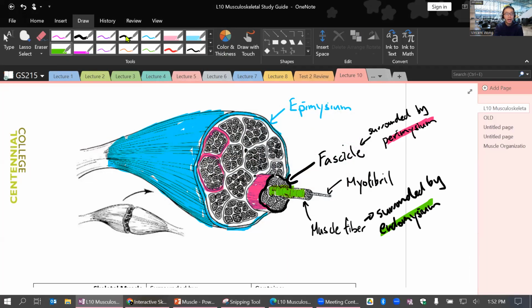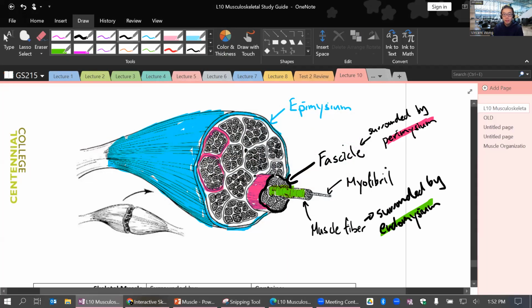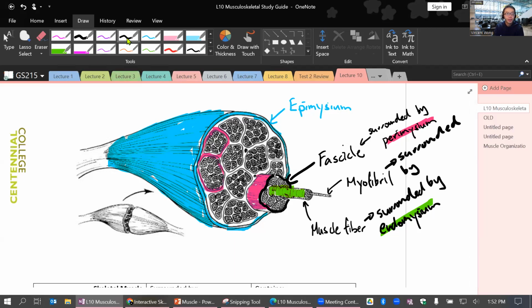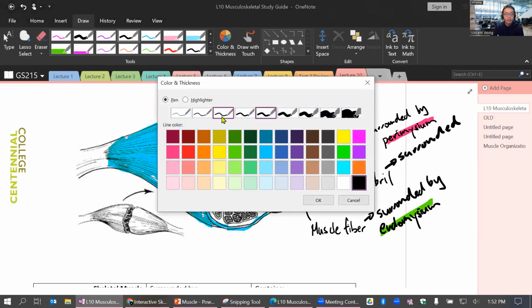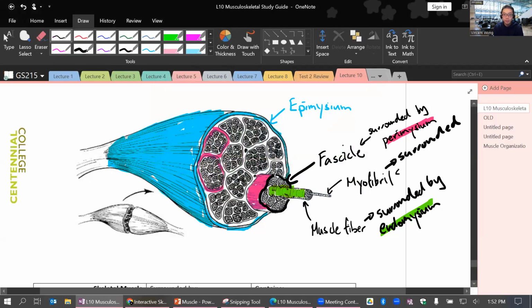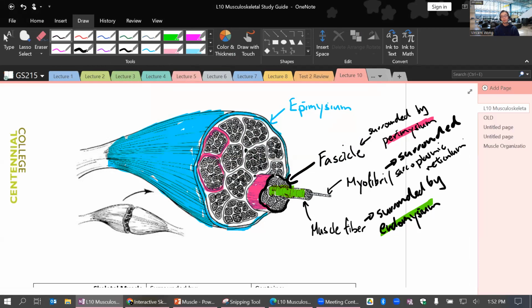And the myofibril would be surrounded by the sarcoplasmic reticulum. Sorry, it's too crowded here. The ER, the endoplasmic reticulum, but the muscle version.